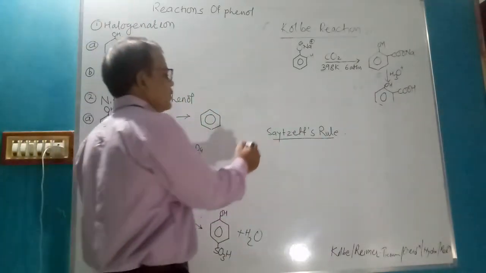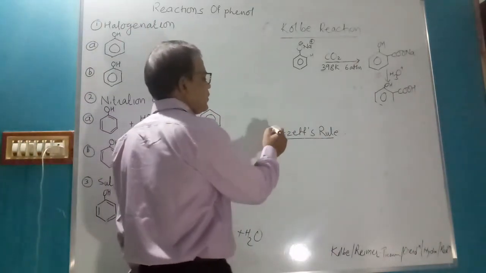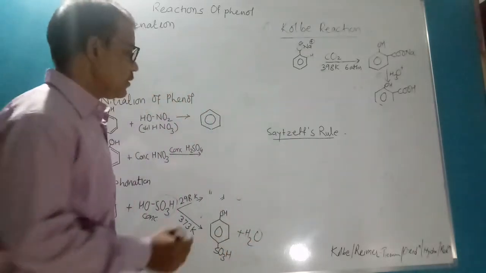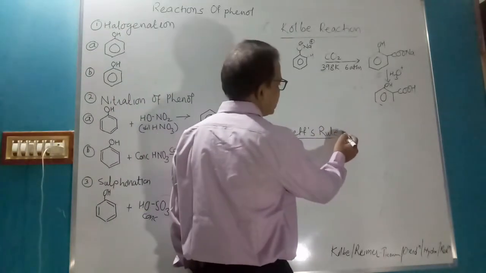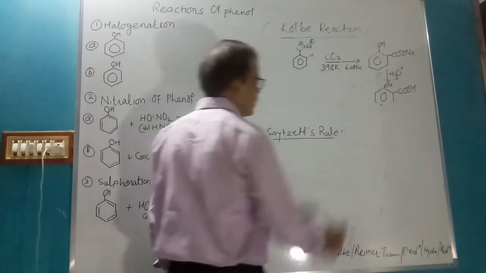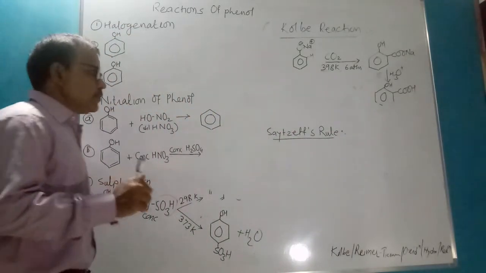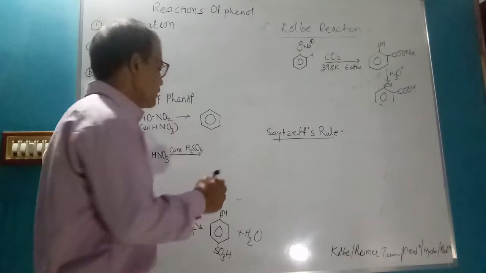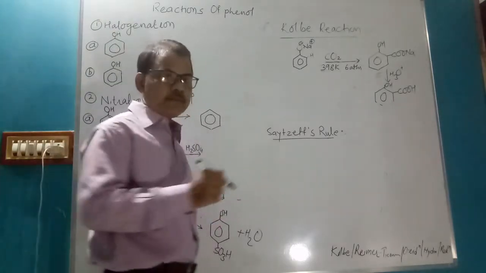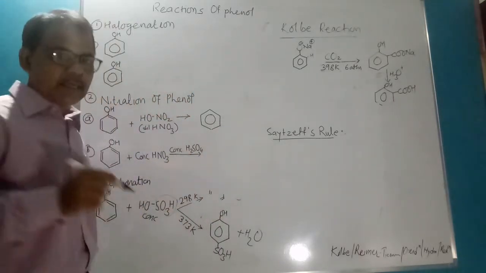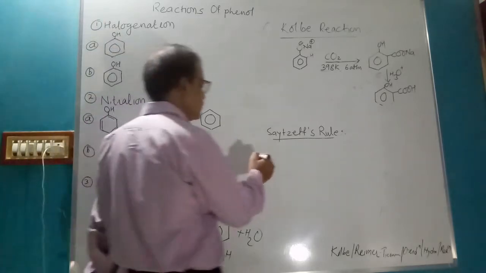What is this rule? In the formation of alkene during dehydration of alcohol, a hydrogen atom is eliminated, is removed from that carbon which is attached to less number of hydrogen atoms.